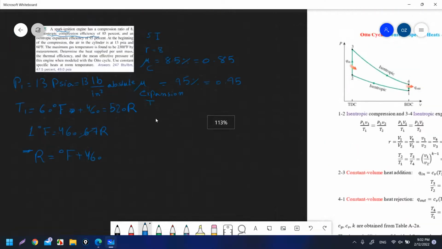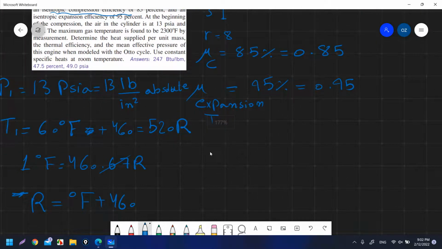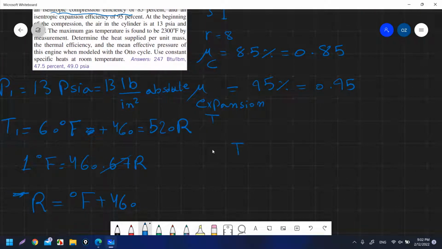So this value 2300 Fahrenheit is for T3. So T3 is equal to 2300 Fahrenheit, and in Rankine I will add 460, so it will be 2760 Rankine, because the thermodynamics tables are in Rankine.